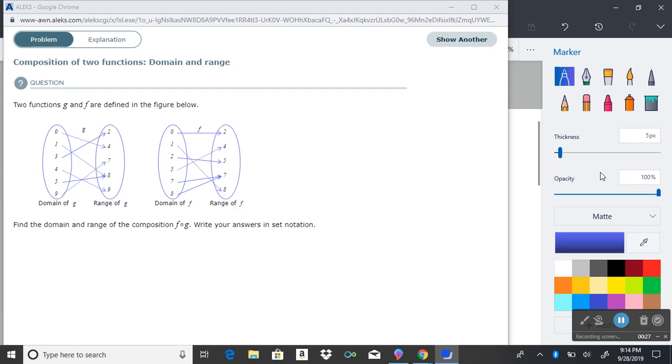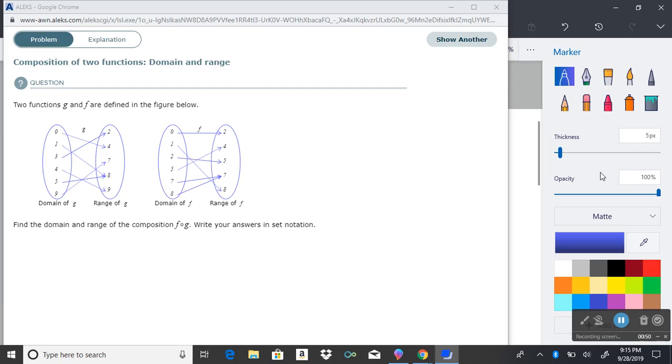And for range, we're going to figure out what are the possible outputs that we could get. Most of the time we do that by using graphing for the range, and we find the domain by either setting the denominator equal to 0 or setting the radicand, which is the part inside the radical, greater than or equal to 0 and working from there.